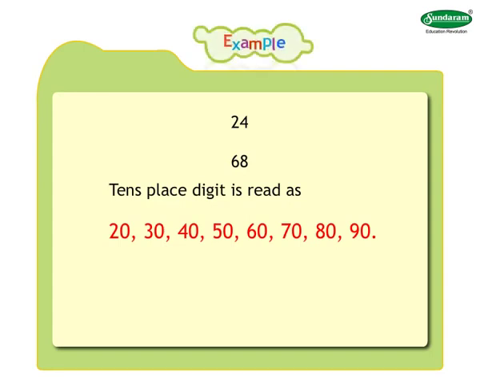For example, to read 79, we say 79, that is 7 tens is equal to 70 and 9 units is equal to 9.